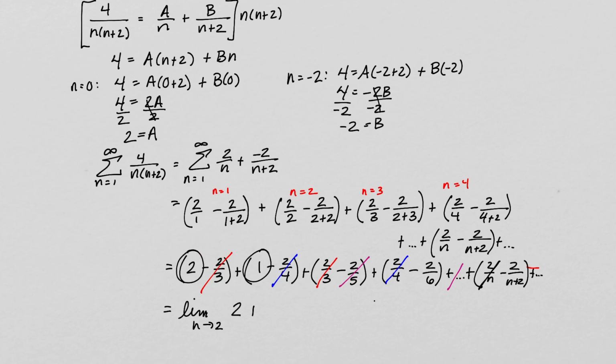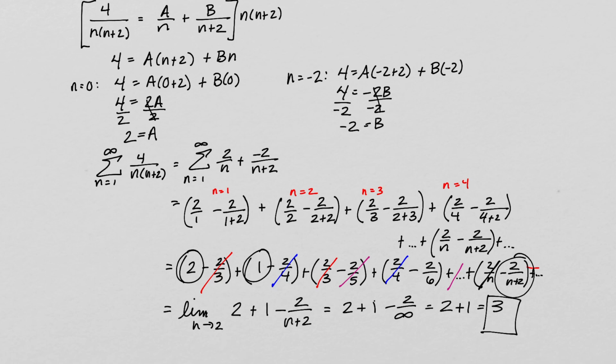This term, which I still have left over, which is a 1. And then basically this is kind of like the generic term that's left over, so minus 2 over n plus 2. And if I take that limit, I have 2 plus 1 minus 2 over infinity, or really this is just 2 plus 1, which is 3. And so that's what the sum turns out to be. So the sum turns out to be 3.